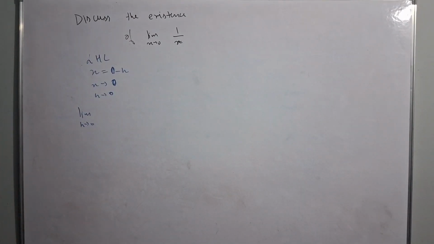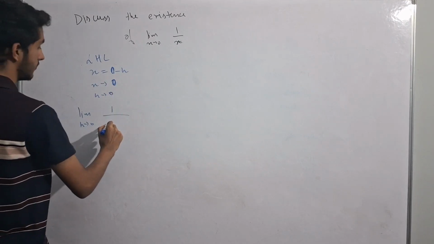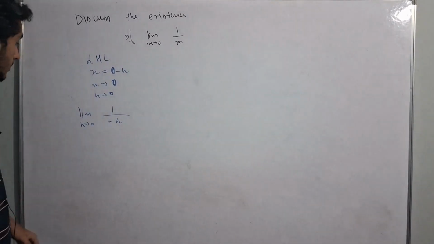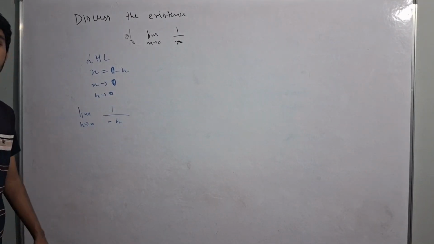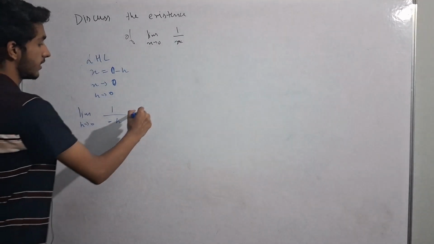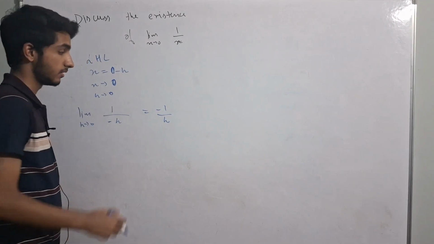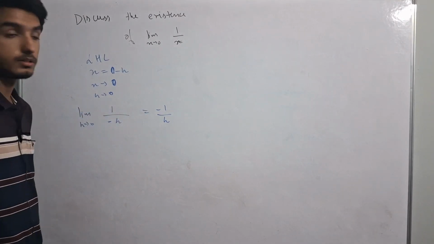Limit h tends to 0, 1 by, so this is going to be negative h. So when the denominator is approaching towards 0, we get positive or negative infinity. So as this is negative h, we can write minus 1 by h. So as h is tending towards 0, we get the whole value as negative infinity.